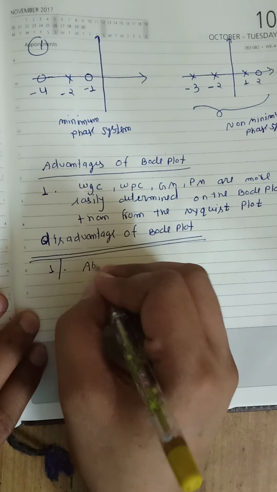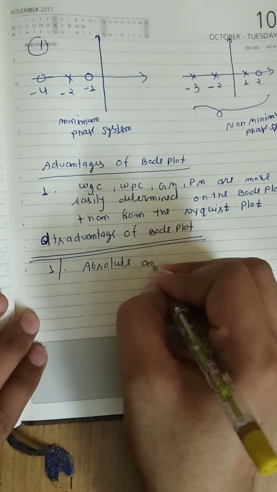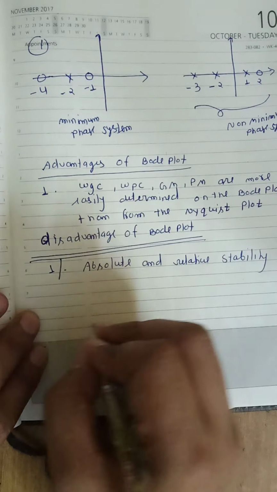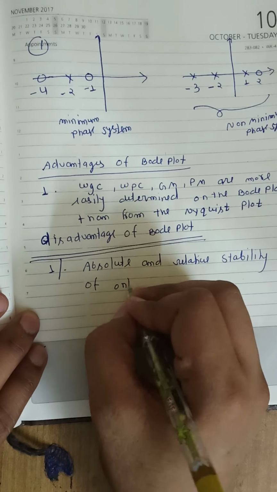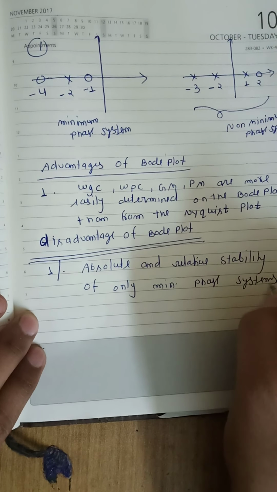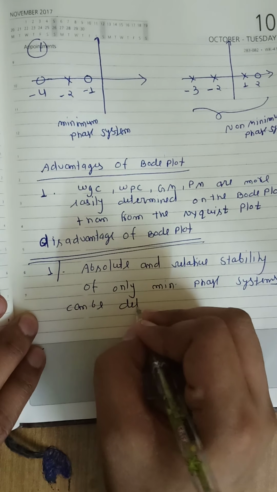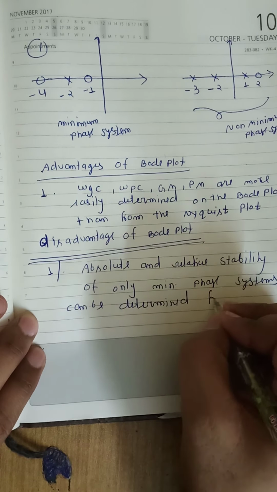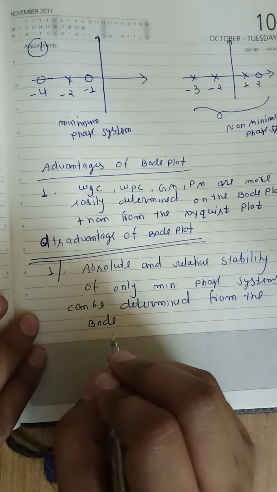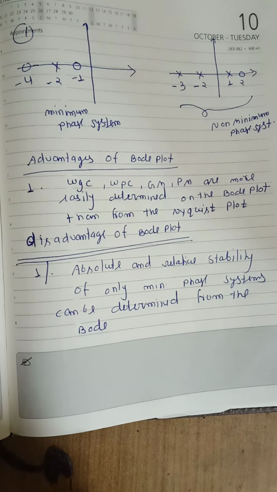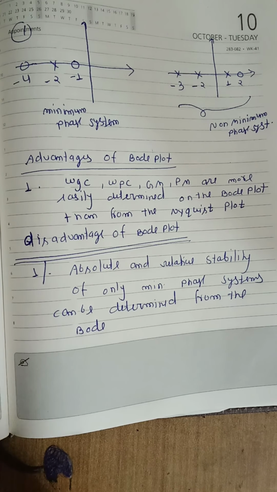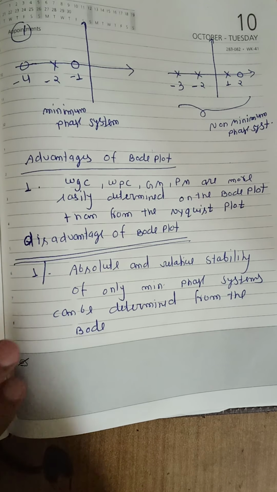You can write: absolute and relative stability of only minimum phase systems can be determined from the Bode plot. That means if you have a non-minimum phase system, meaning you have a pole or zero in the right half of the s plane, you cannot draw the Bode plot for that system, and you cannot calculate the stability for that system.